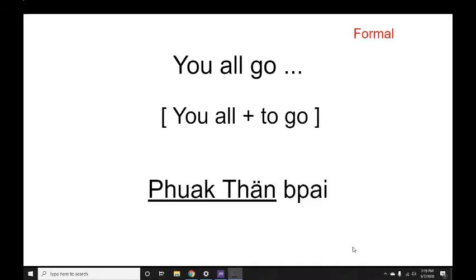Puak tan bai, okay. Tan, that's that formal you. Puak tan is you all in a formal way. Okay, respectfully to the audience, to the group of people that you don't know so well, may include some strangers, puak tan.